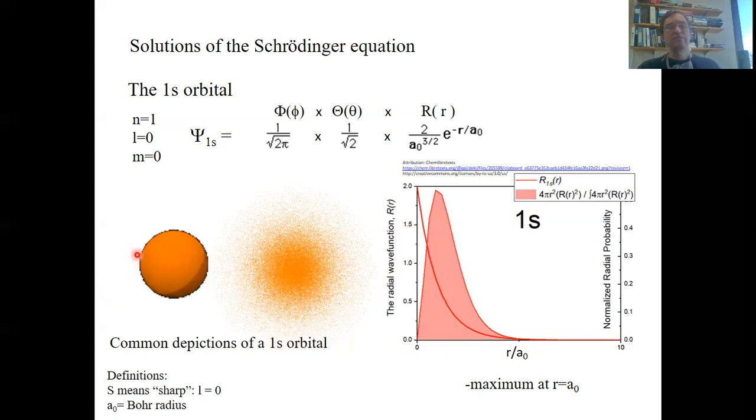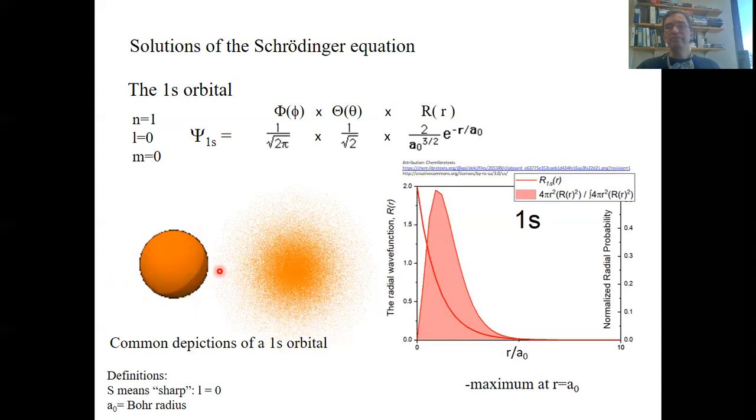When you see this depicted here on the left side of the slide, you commonly depict a 1s orbital as a sphere, and the radius of the sphere is defined by the probability to find the electron with a 90% probability somewhere inside that sphere, which is defined by the particular radius.